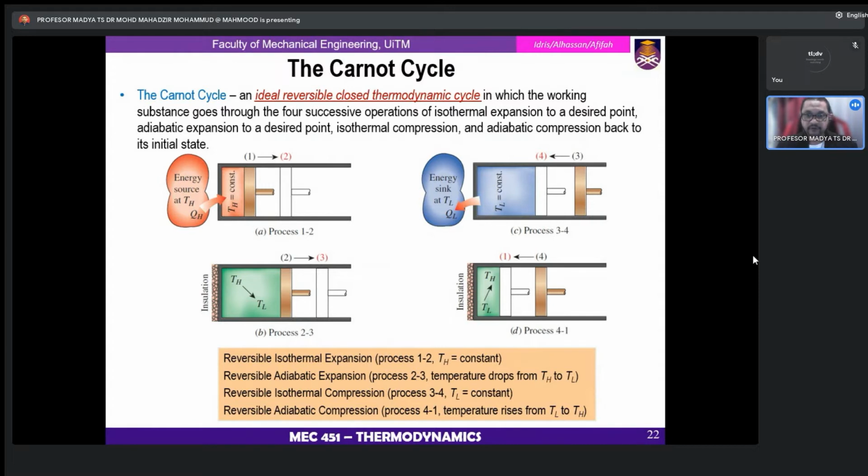And number 4, or D, is process 4 to 1, back to the initial state, where it is a reversible adiabatic compression, where the temperature rises from low temperature to high temperature. Normally the Carnot cycle is also called two isothermal and two adiabatic processes.